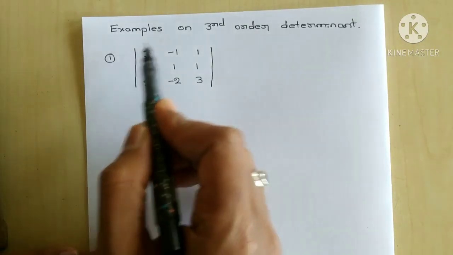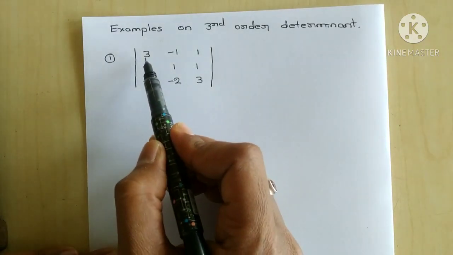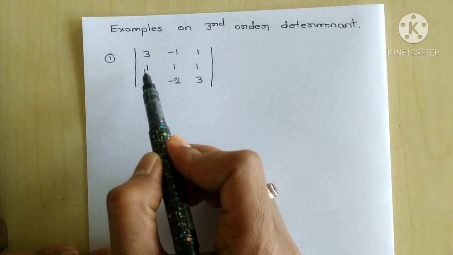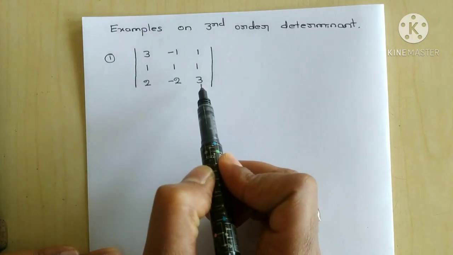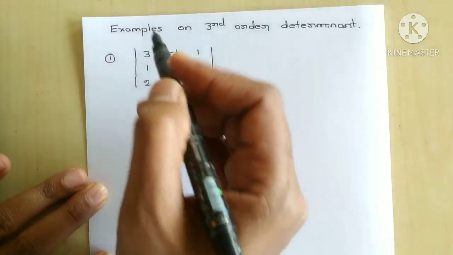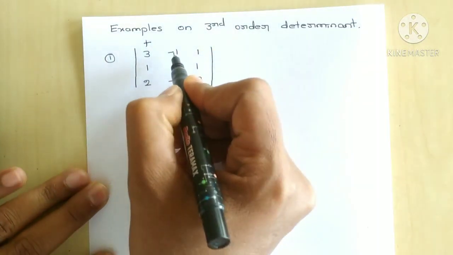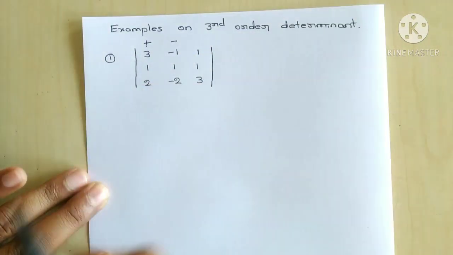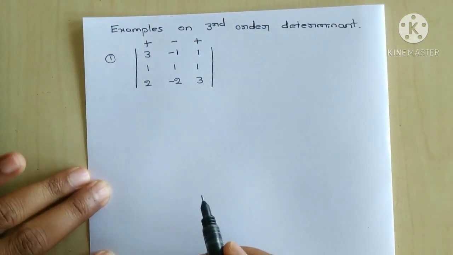You need to find out the value of this determinant, that is determinant of 3 minus 1 1 first row, 1 1 1 second row, 2 minus 2 3 third row. So first step what to do, first element top mention plus a sign, second element top mention negative sign, third element top you mention positive sign.